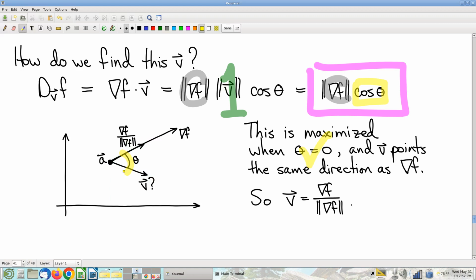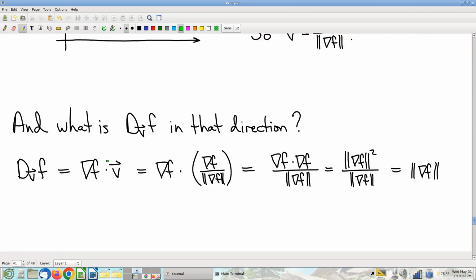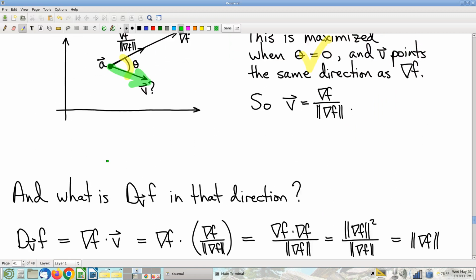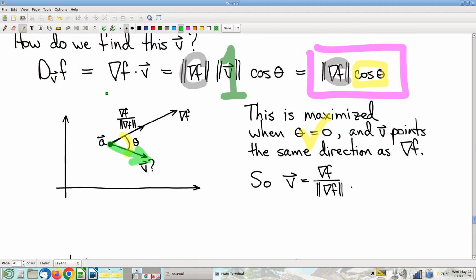And now, geometric appeal: if that angle is 0, what that means is that your unit vector, your direction of fastest increase, is the one that points in the same direction as the gradient vector.